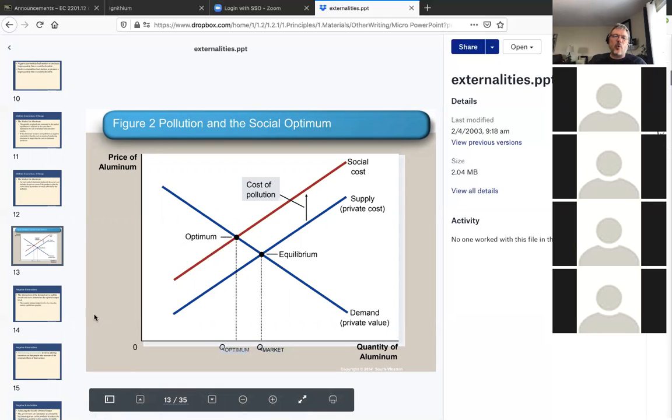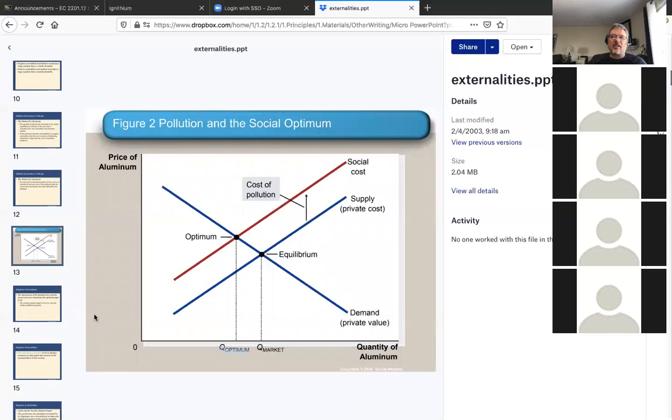And this is kind of an important point. What economists are after is efficiency. So we don't have these strict, hard, fast rules that, well, if there's some hidden cost, like a cost of pollution, that means there should be zero pollution.